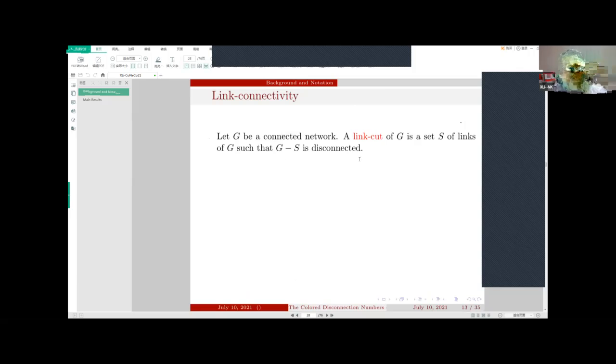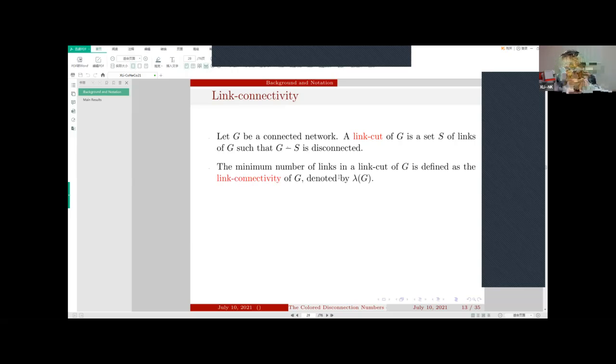And we also have coloring. You are given a network, and a link cut is a set of links such that if you delete them, you get a disconnected network. The minimum number of links in a link cut is called the link connectivity.